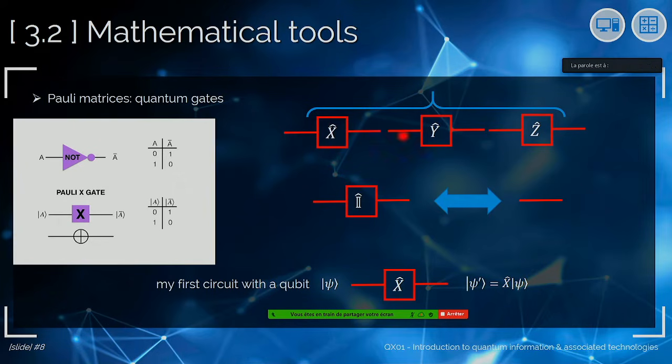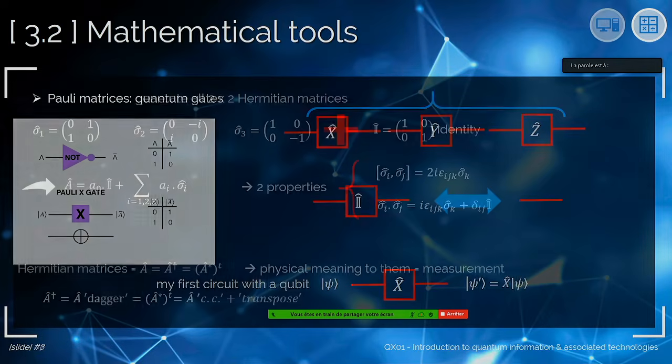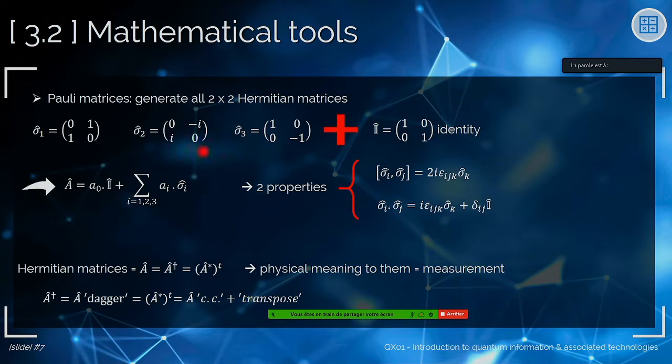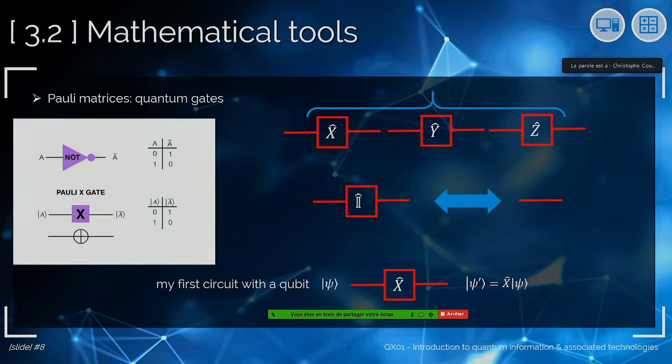So these are the 3 quantum circuits associated with the Pauli matrices. So X, Y, and Z correspond to sigma 1, sigma 2, and sigma 3 here. We also have the identity matrix, which we usually do not write like this. We just say that it's a wire in our circuit.